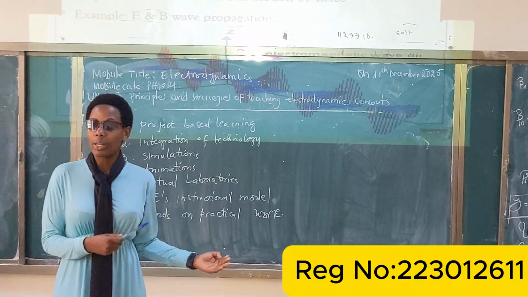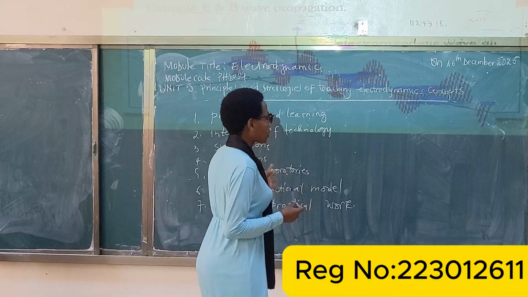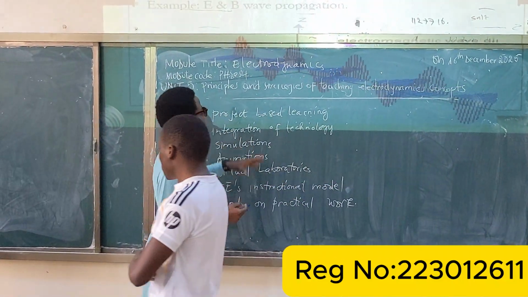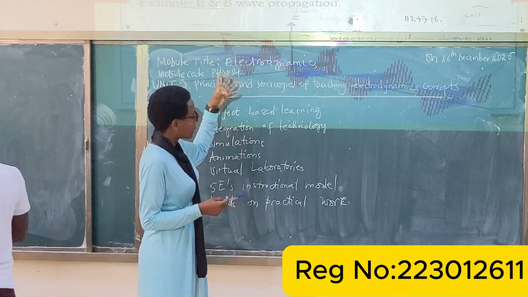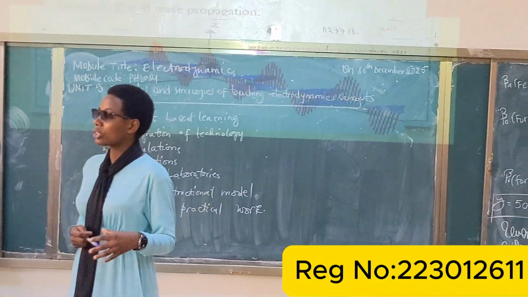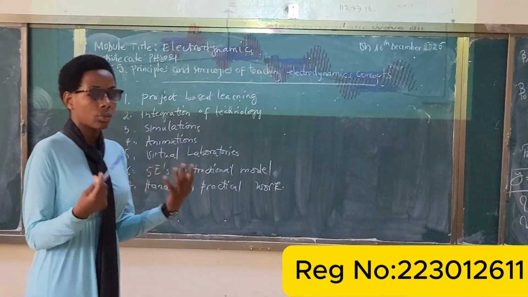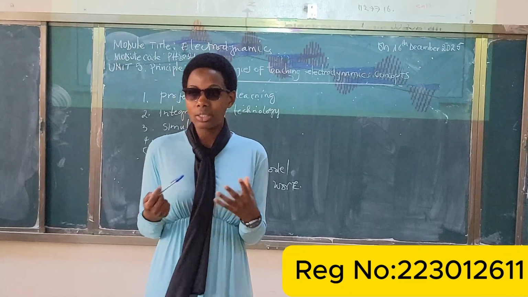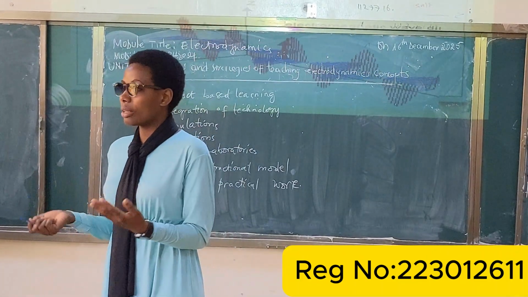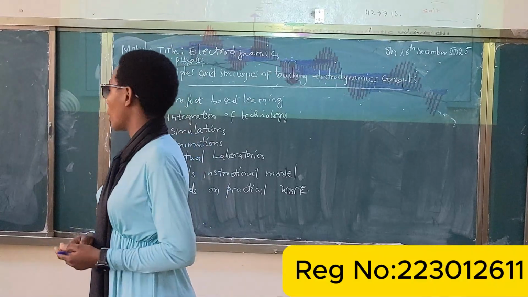Note that in a transverse wave, the direction of propagation and the direction of the wave oscillation are perpendicular, as you see in this diagram. Also, by this animation, we can explain to learners different concepts in electrodynamics, including charges in motion, and even the Maxwell equations and how they work.